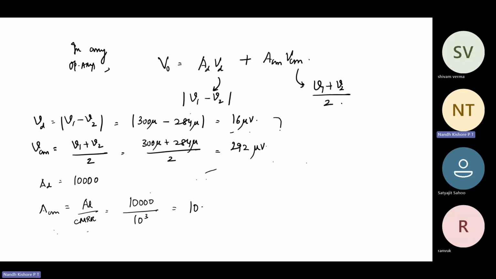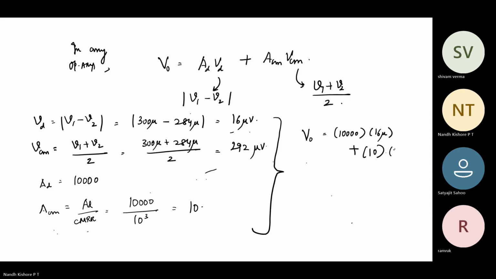So every detail is available over here, and we can go ahead and find out what is V0. V0 is equal to 10,000 into 16 micro, plus ACM, which is 10, into 292 micro.